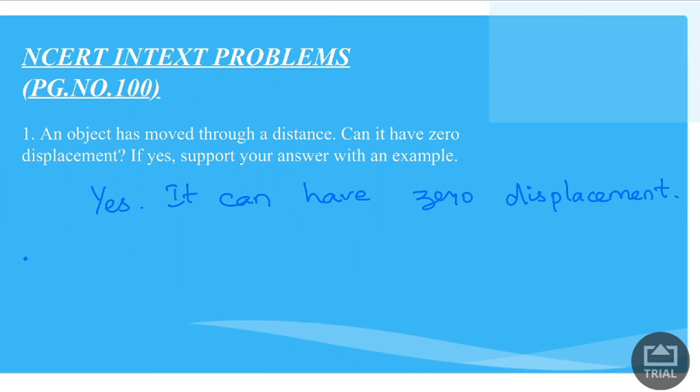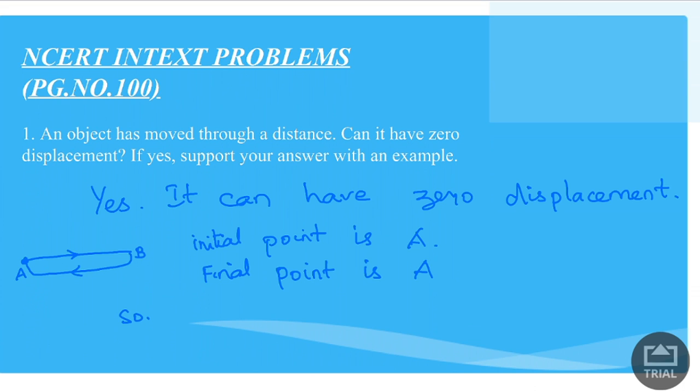For example, if an object starts from A and goes to B and again comes to A, the initial point is A and the final point is also A. So the object has made only zero displacement.